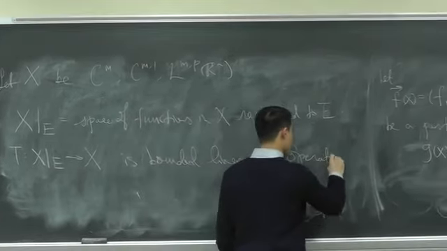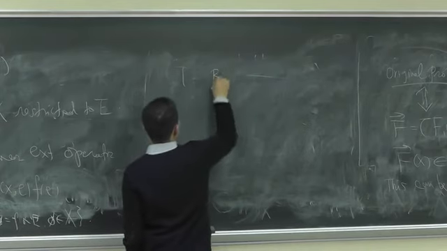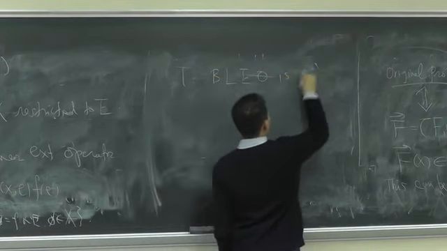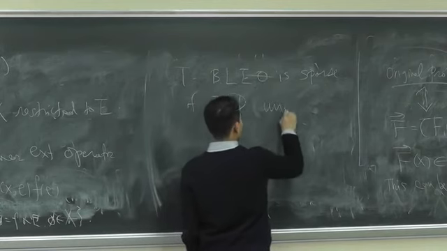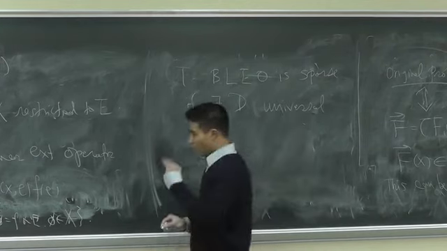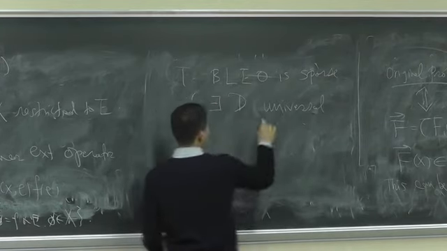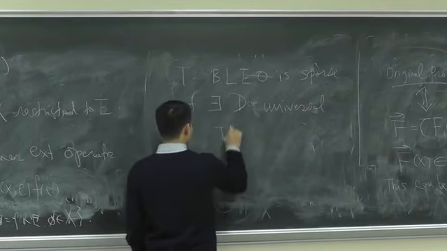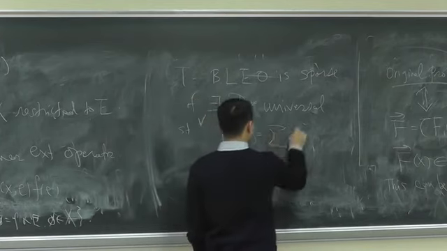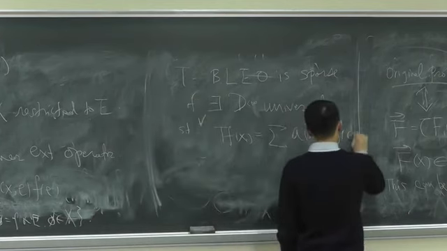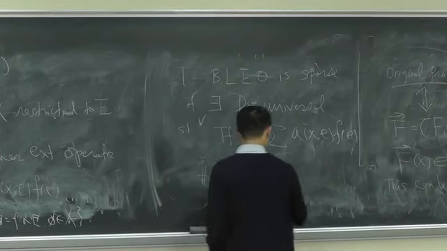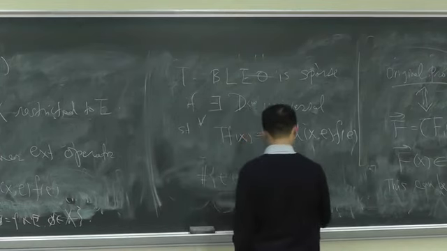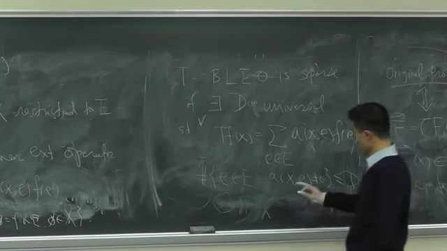So sparse means how many non-zero coefficients you have in this linear combination. So a bounded linear extension operator T is sparse if there exists a universal constant D, depending on the function space that you work with, finite, such that for all x, when it's written as a linear combination of function values on the set E, the number of non-zero coefficients is bounded by this constant D, independent of what x you work with.